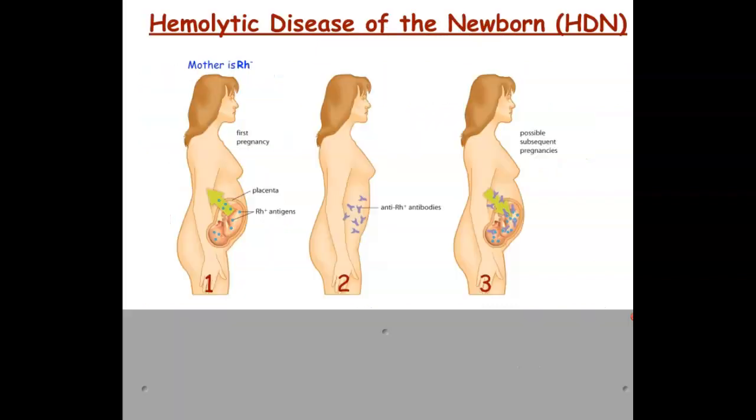Like, for example, if we have a pregnant woman who is Rh negative, so any blood type that's negative, so A minus, A negative, B negative, AB negative, or O negative, she has a negative blood type, but in this certain circumstance, her baby is Rh positive.